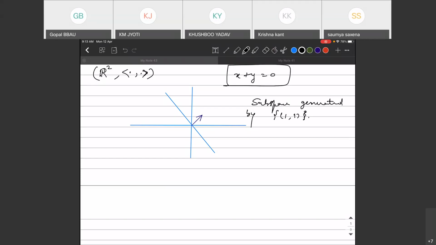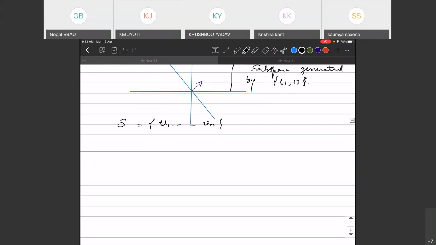So how do you find the subspace generated by some vector? Suppose we are given a set S, say V1, V2, ..., Vn, or any other set; it may be an infinite set.